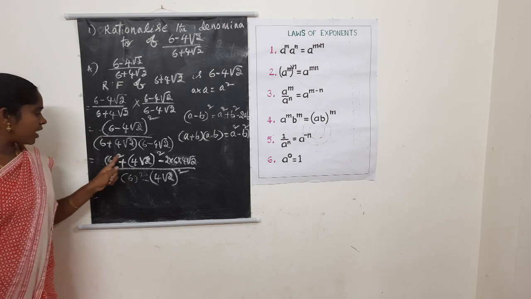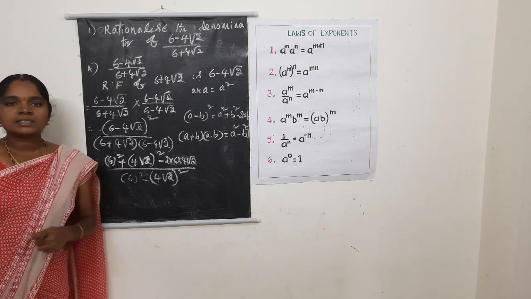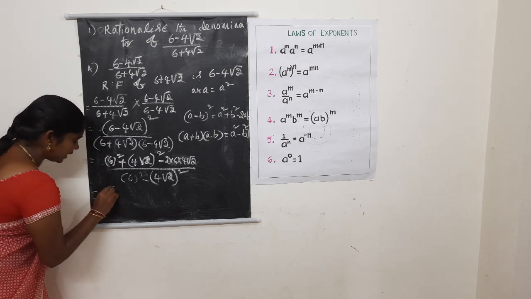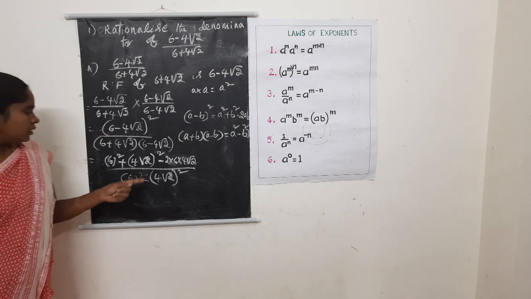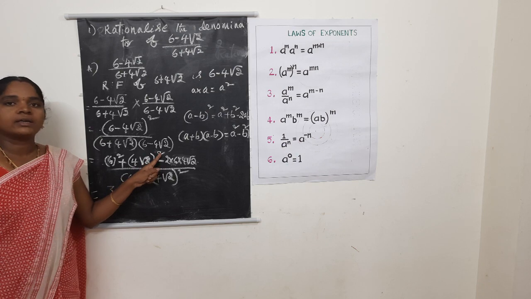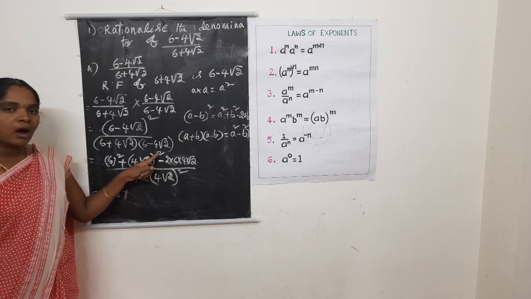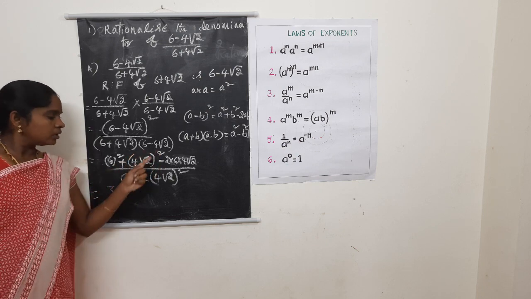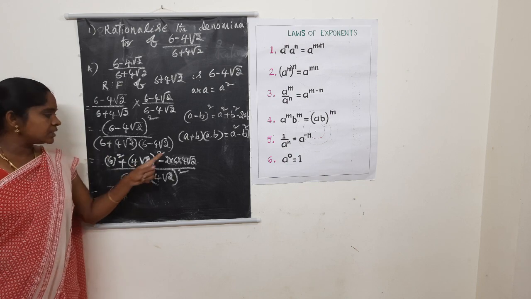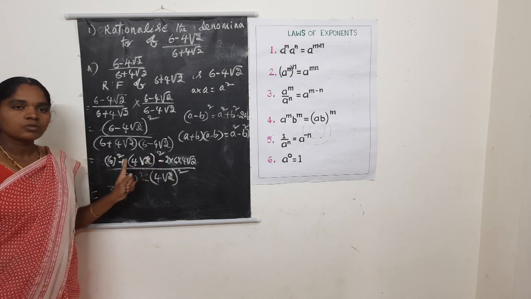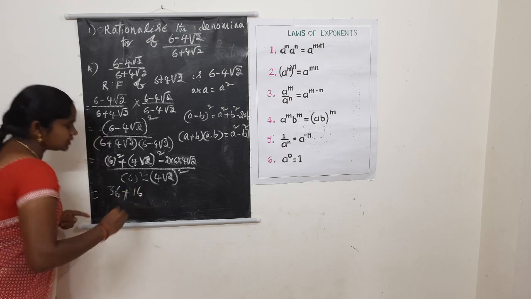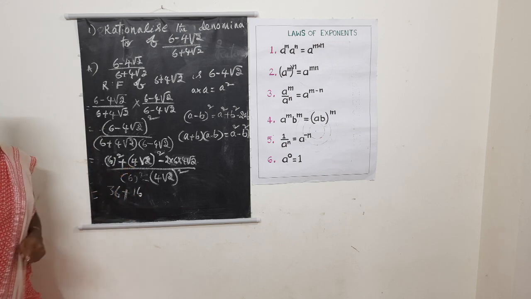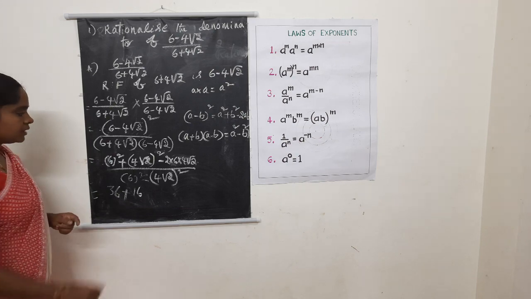So 6 square value is 36, minus 4 root 2 whole square. This square belongs to both. So 4 square means 16. 4 fours are 16.